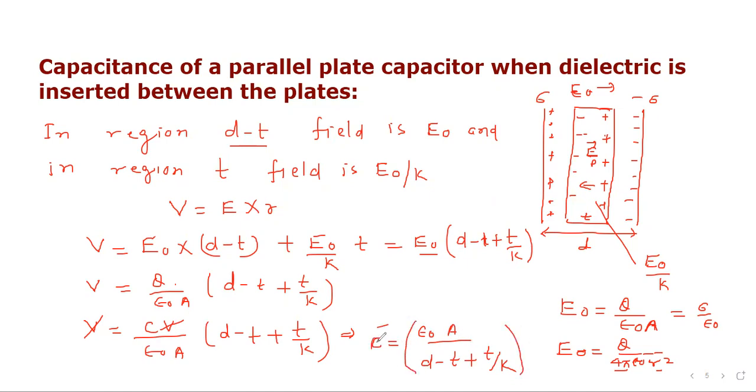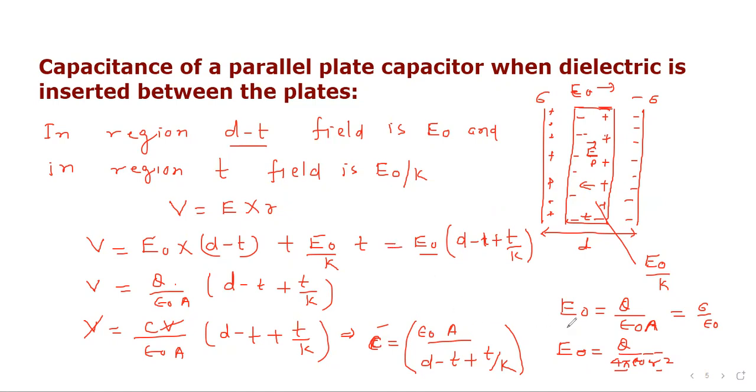So we have got capacitance when space between the two plates is partially filled by a dielectric. Here width of dielectric is T, and the total separation between the two plates is D. So I think you must have understood.